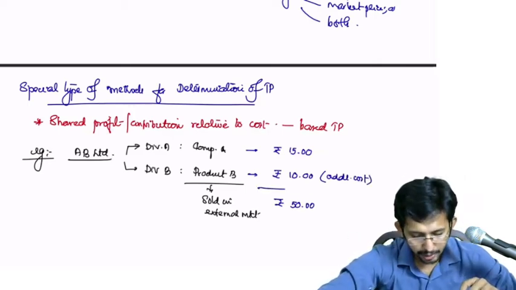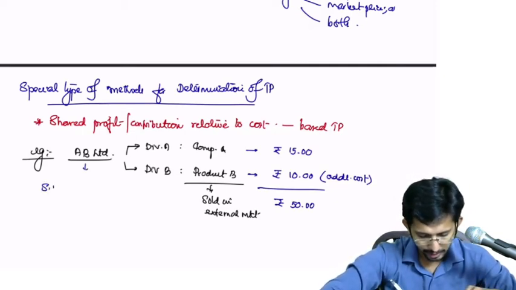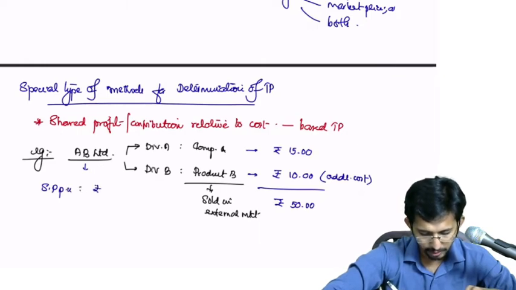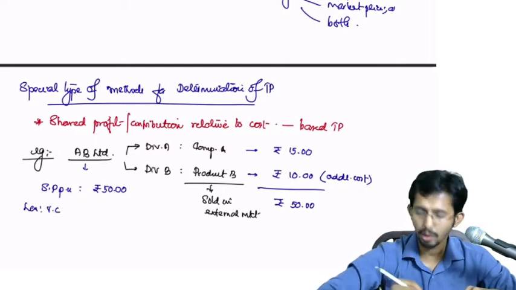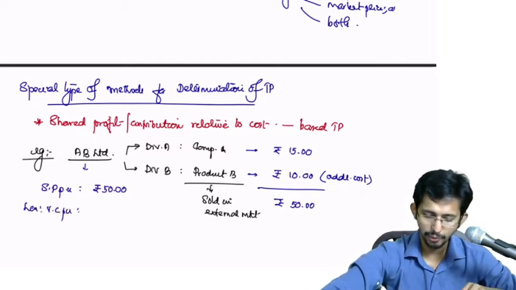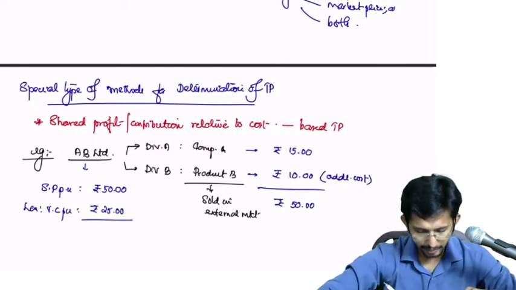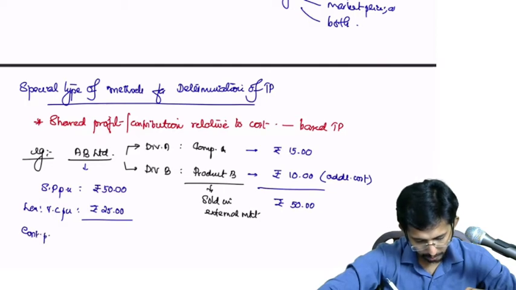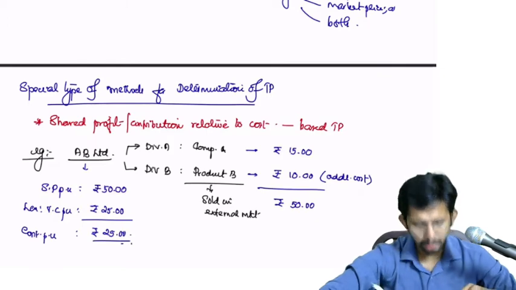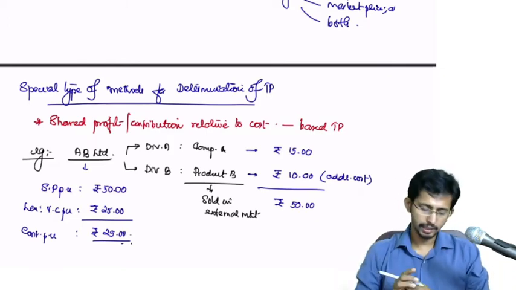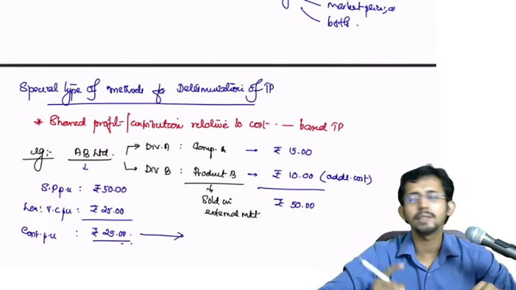As far as AB Limited is concerned, selling price per unit is rupees 50, less variable cost per unit 15 plus 10, that is rupees 25. So the remaining amount, contribution per unit, is rupees 25.